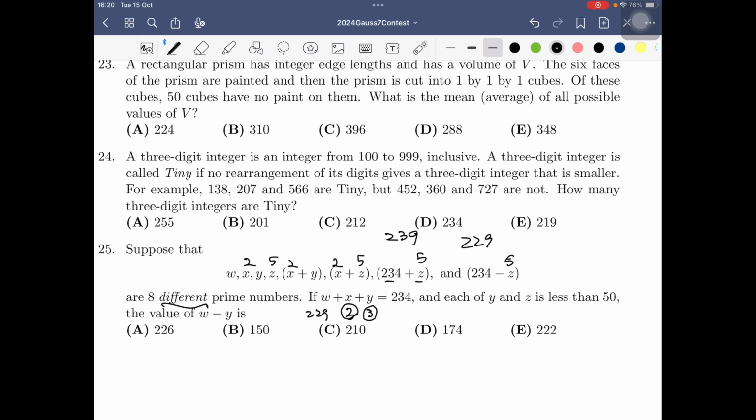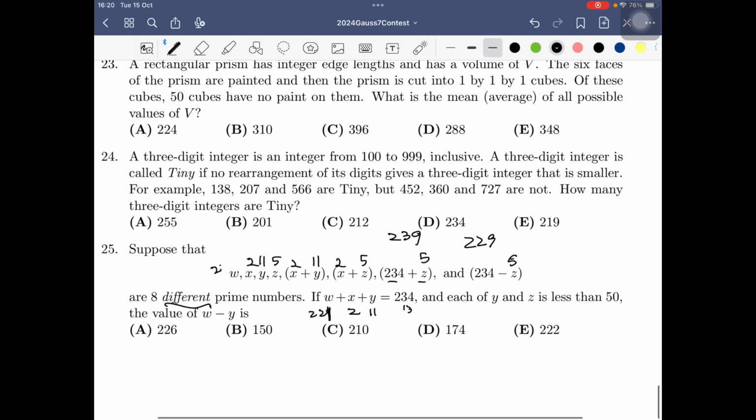And what about, let's say, 11? 11 and 13 both. So for example, 2 and 11, 13. So 2, 2, 1. 221 is a prime number. So w minus y is 210. So this is like trial and error. You guess some number and you just match it to the conditions.